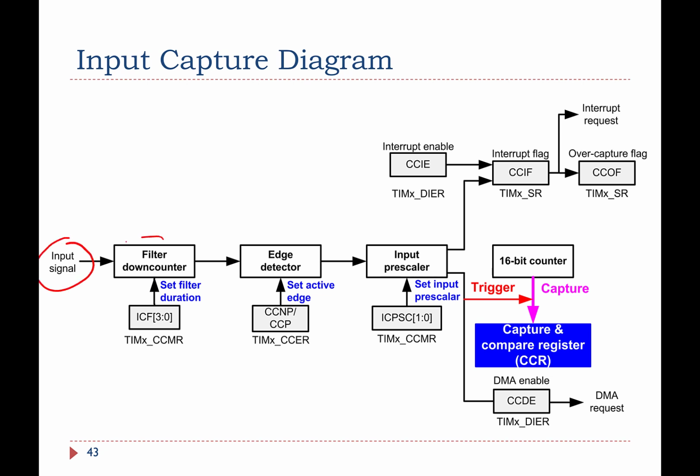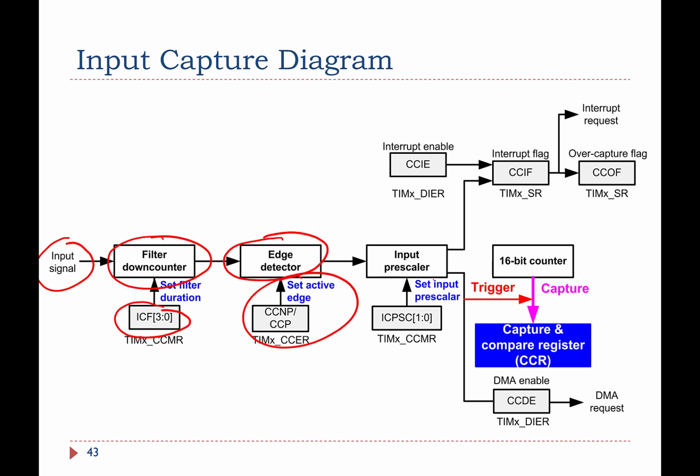We have this filter down converter, that's what we talked about there, and it's in this capture control master register, and there's 4 bits that will basically tell you, which has obviously up to 15 possibilities for this filter duration that you have there. Then this edge detector is basically what is going to look at the rising edges, the falling edges, or both rising and falling edges, so that's there.